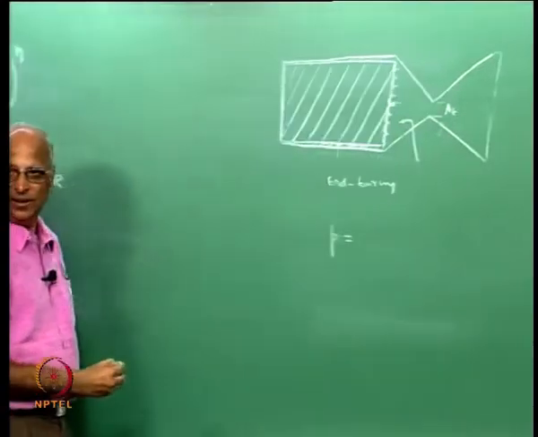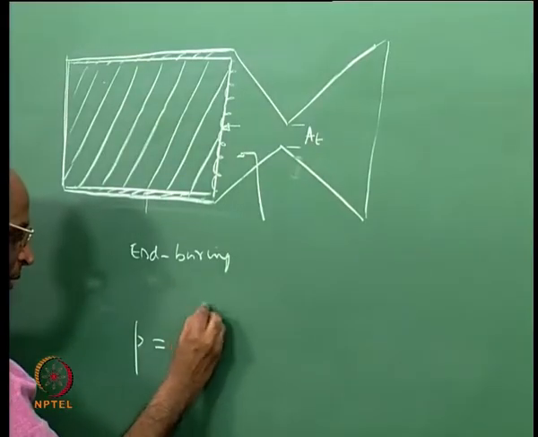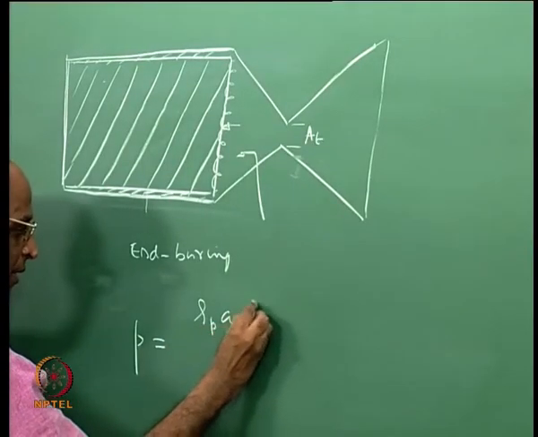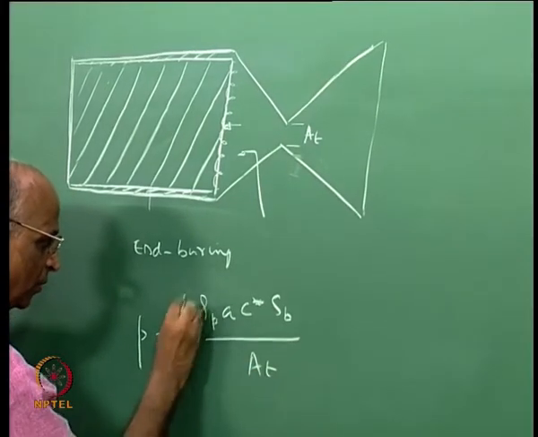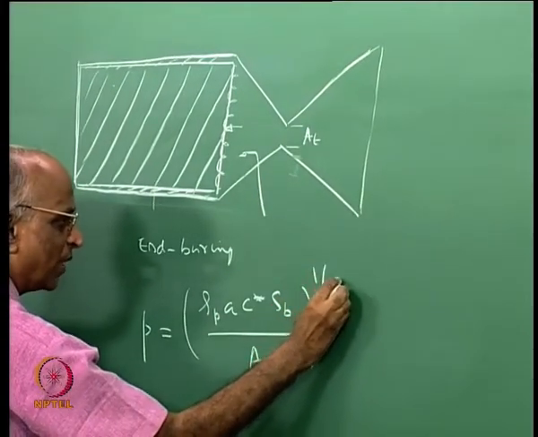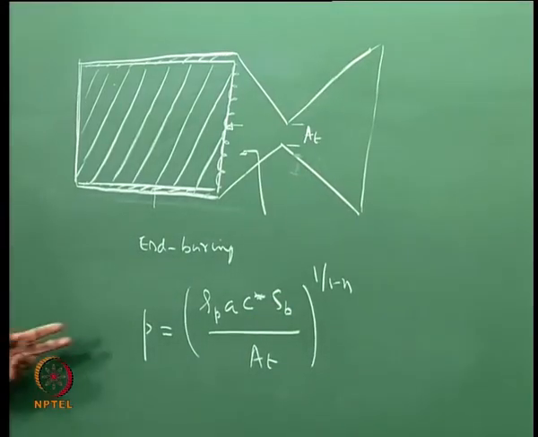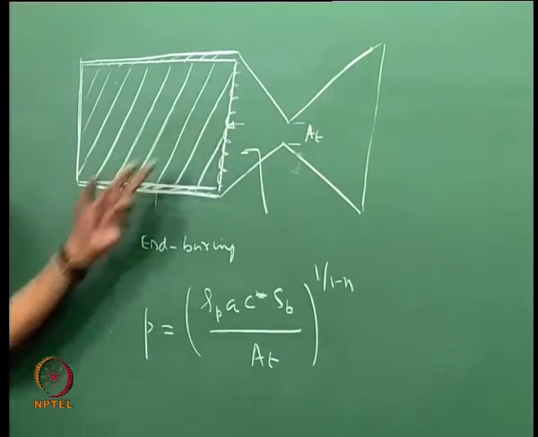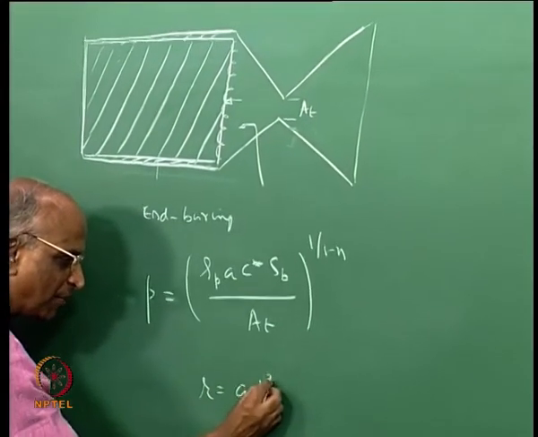We have already done it, equilibrium pressure, and that is equal to, let us write it down, rho p a C star S b divided by A t, to the power 1 over 1 minus n. Once I know the equilibrium pressure for a given value of S b, I know the value of burn rate, R is equal to a p to the power n.